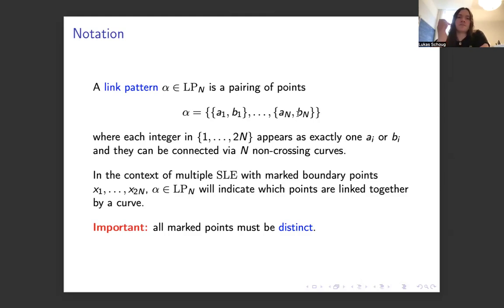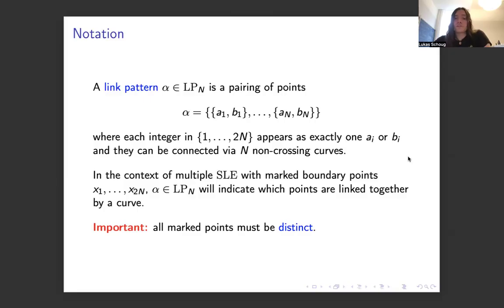So this puts quite a restriction on the link patterns. So for example, if you take a square, take the corners to be the points that you want to link together, you take the opposite corners and try to link them. That doesn't work because the curves have to cross.